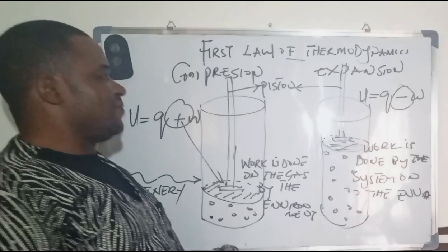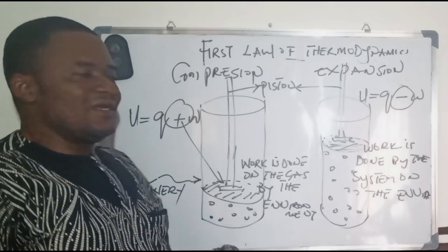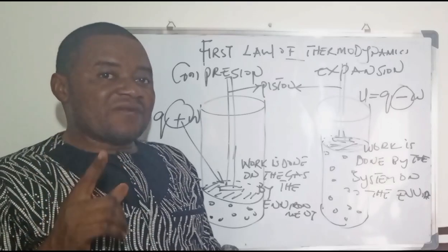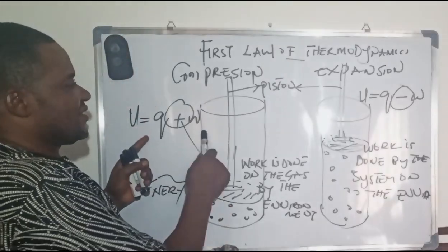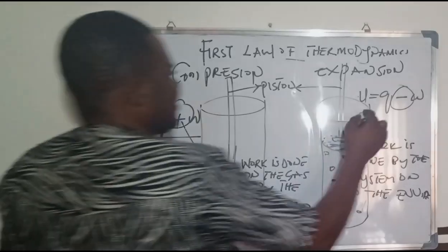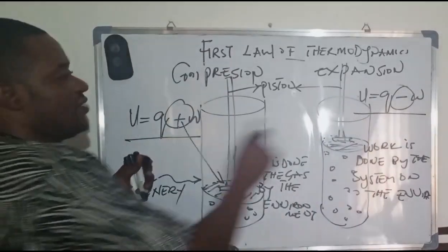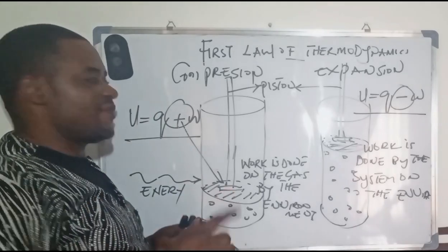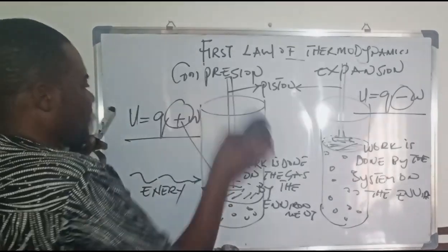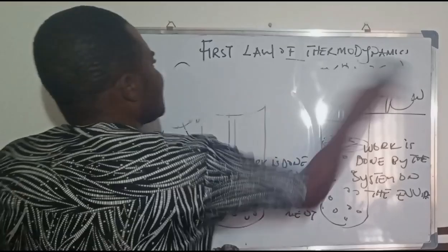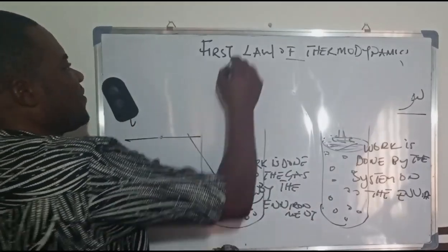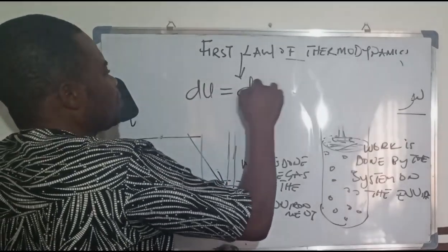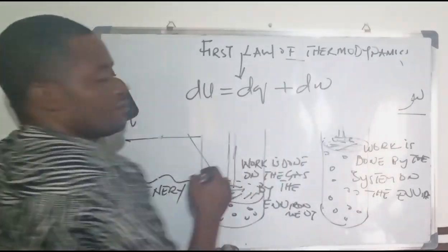Now, if we assume that we have this basic understanding of what that means, then the equation for the first law of thermodynamics is what we have written here. So this equation and this equation, whether you use positive or negative while writing it, it is still the same. It is the equation for the first law of thermodynamics. That is to say, the mathematical representation is dU equals dQ plus dW.